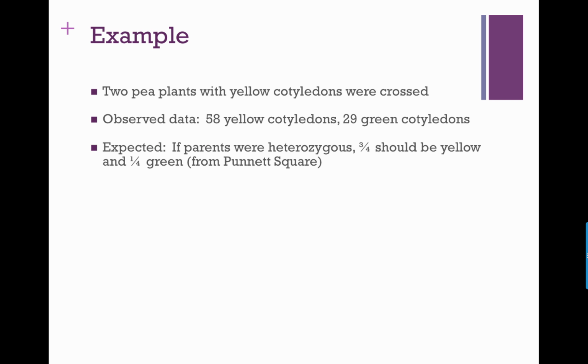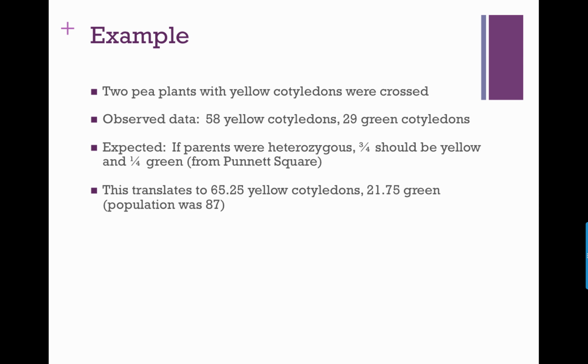If we had the hypothesis that the plants were heterozygous, then 3/4 should be yellow and 1/4 should be green. And I get this from doing a basic Punnett square. So to do the math with a population of 87, that's 65.25 yellow cotyledon plants and 21.75 green plants.